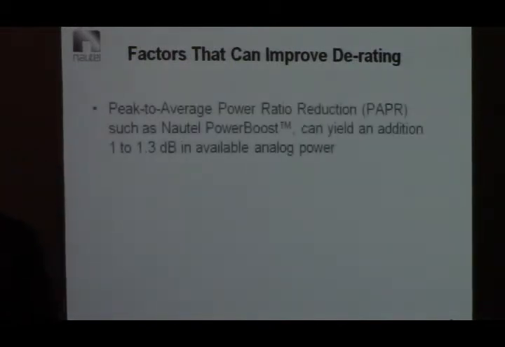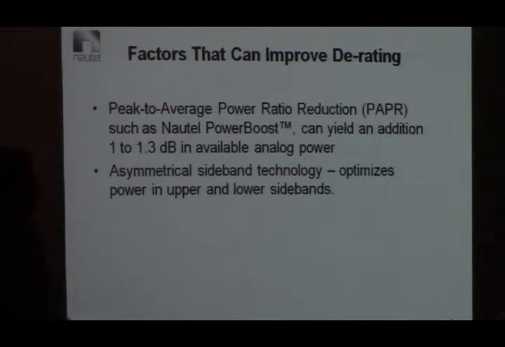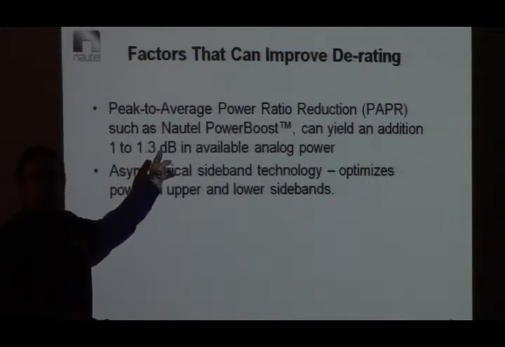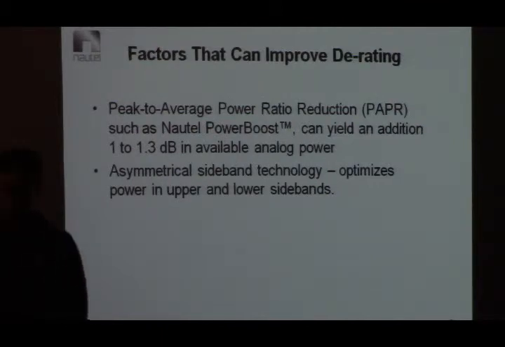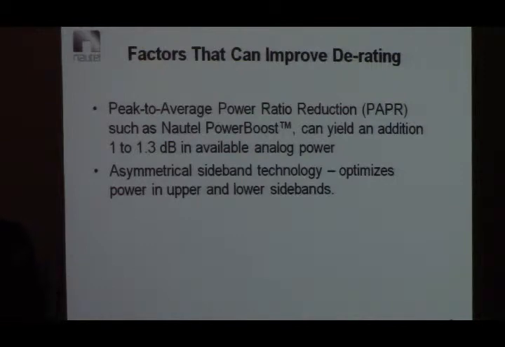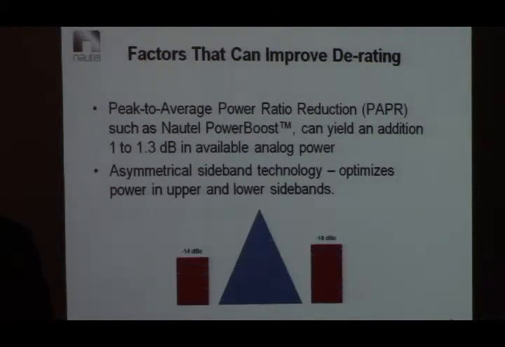Okay, so things that can improve your D rating, the peak to average power reduction, Nautel power boost, whatever. Harris has got something, what do they call that, crest factor reduction? Harris has got something similar, so it gives you a little more headroom. Asymmetric sideband gives you the chance to optimize your power, get as much watts as you can based on what you can do without stepping on the neighbors.